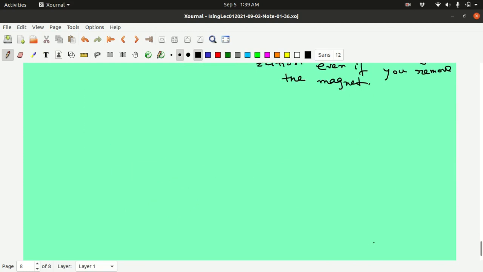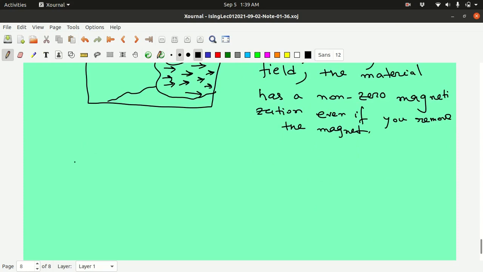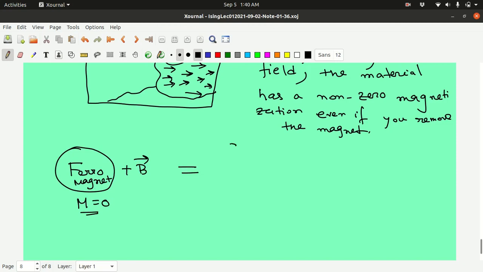So that means the following. Let's say we have a ferromagnetic material, which I denote by F. It has magnetization equal to 0 right now, and if you apply some field, it will be aligned in the direction of the field.